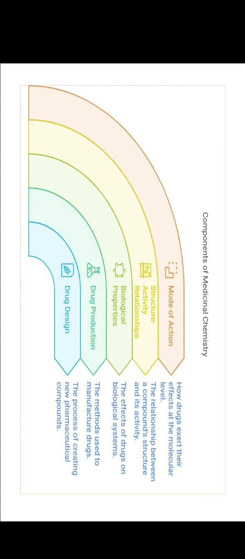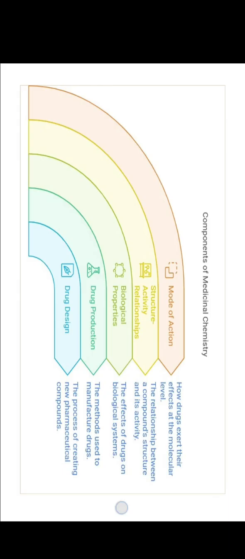These components help scientists understand how drugs work and how they can be improved, how drugs exert their effect at the molecular level, the relationship between a compound's structure and its activity, the effects of drugs on biological systems, the methods used to manufacture drugs, and the process of creating new pharmaceutical compounds.